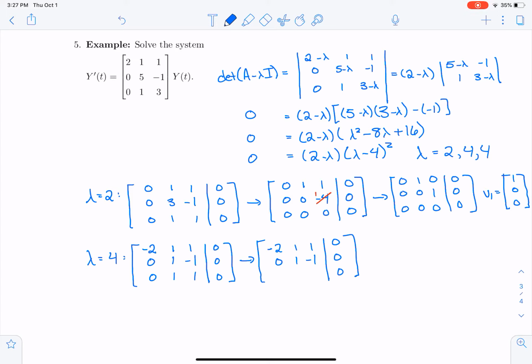So I'm going to look at the third row, and the third row is in fact going to look like 0, subtracting the second row, 0, and 1 minus a negative 1 is going to give me, oh, I see what the issue is. The last row here, when I take 3 minus 4, is going to give me a negative 1. That makes more sense. So now I'm going to get 0, 0, 0 on the bottom row because those two rows are the same.